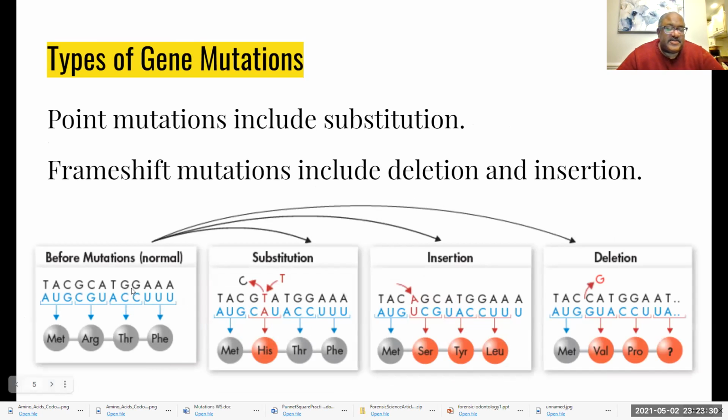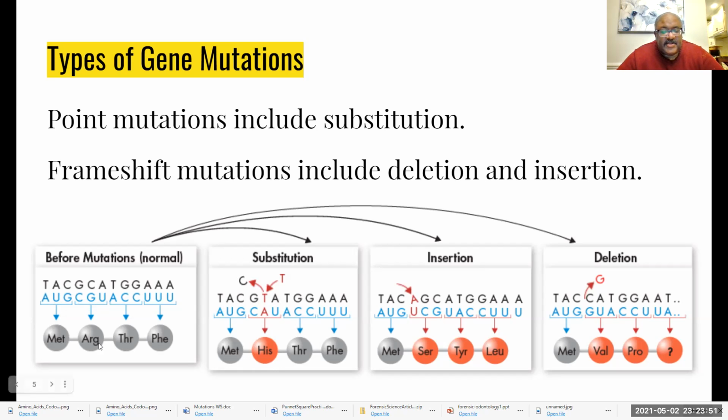Okay, this is a normal DNA sequence, and you can see these are the RNA codons, and they code for these amino acids. Now, if you take a C out and put in a T, that's called substitution. If you substitute one of the letters, you can see how it changes.